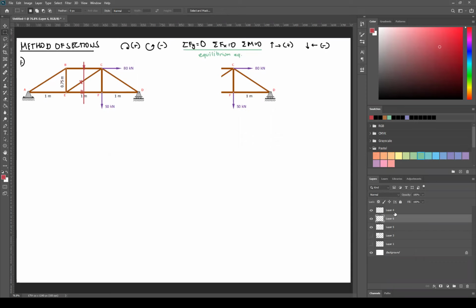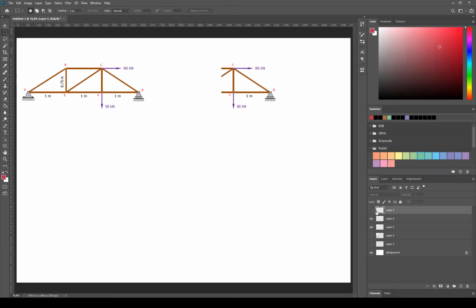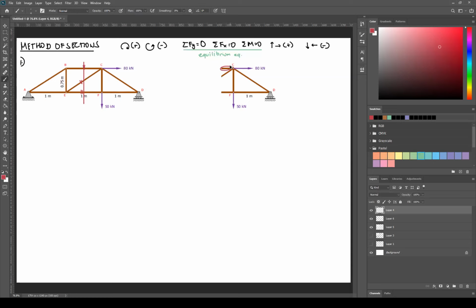After cutting the right side, draw the resulting internal forces. That happens wherever you cut a member. I cut BC, so force BC will arise. I cut member EC, so there's going to be a force EC here. And I cut EF, so there's going to be a force EF.